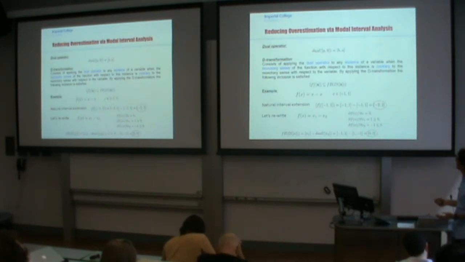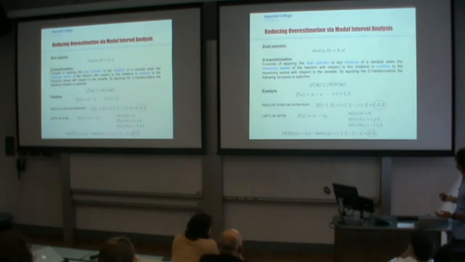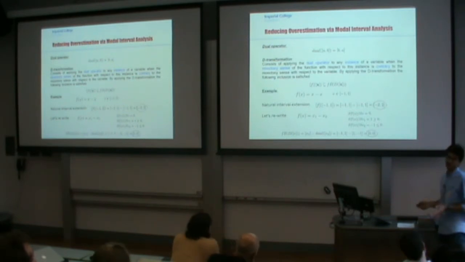If we rewrite this function differentiating the instances, like x1 and x2, and calculate the monotony of the function with respect to x, the whole variable, and with respect to each one of the instances, we see that one of them is contrary to the sense of the whole variable. So if we apply this B transformation, we apply the dual to the second instance of the variable, and we can see that the result we obtain is the range of the function.